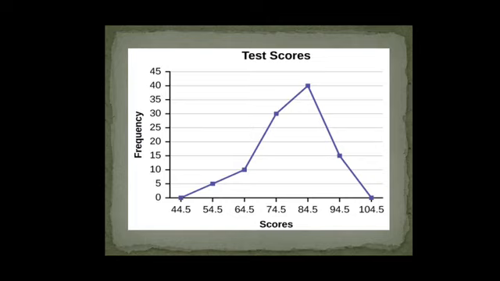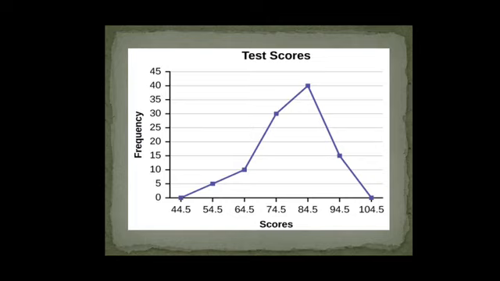Like in this figure here, the frequency polygon extends to 44.5 and 104.5 at zero frequency while touching the x-axis. These plotted points are used only to give a closed shape to the polygon.